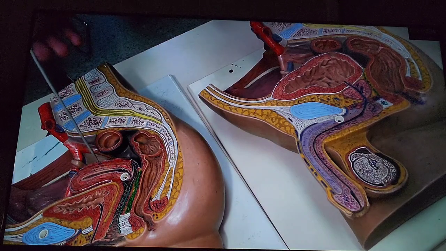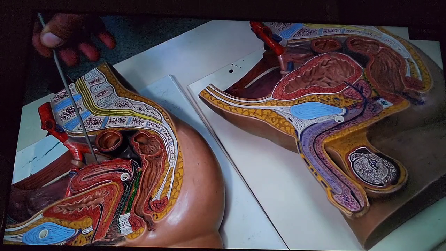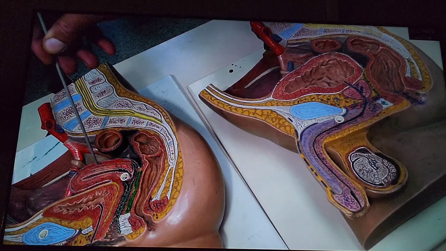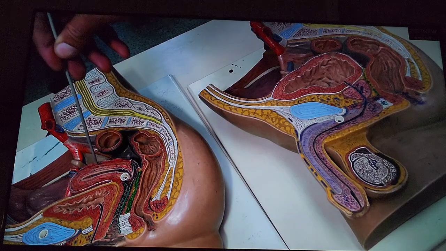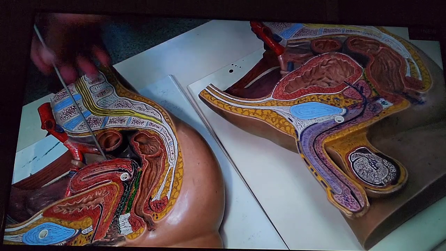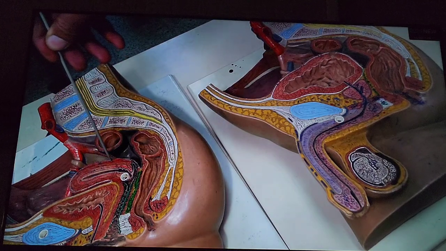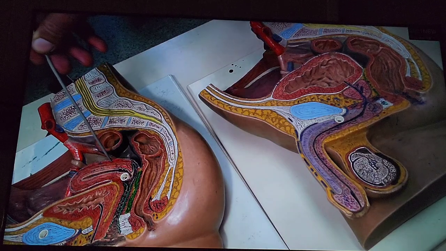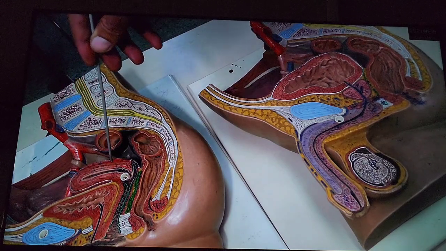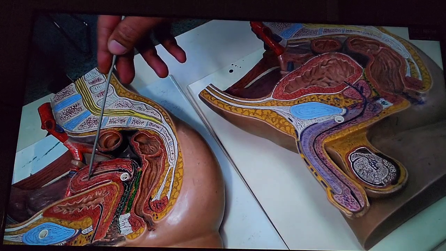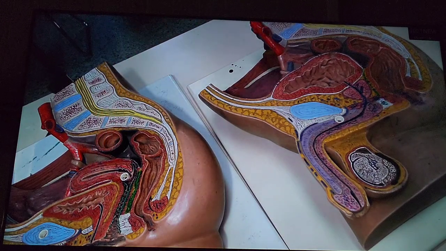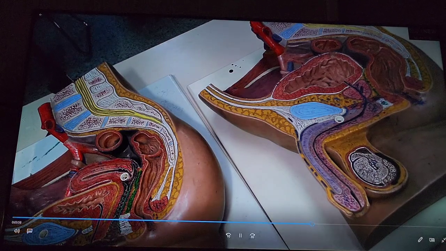After reaching the uterus, on each side a double fold of the peritoneum passes to the lateral pelvic wall, forming what we call the broad ligament. This broad ligament contains the uterus, uterine tube, ovaries, and round ligament of the uterus.